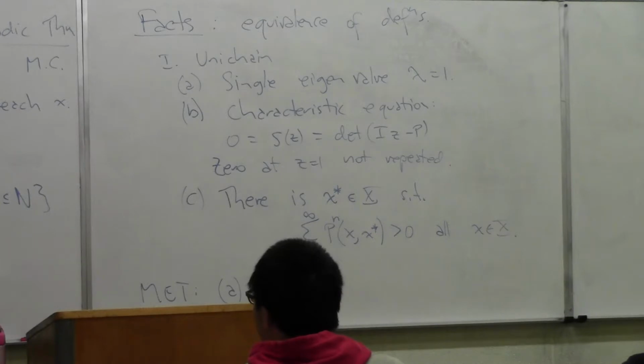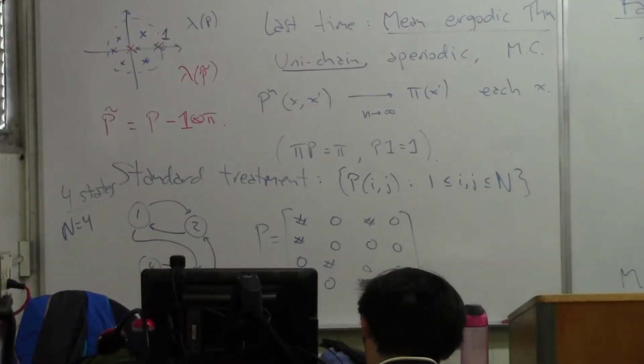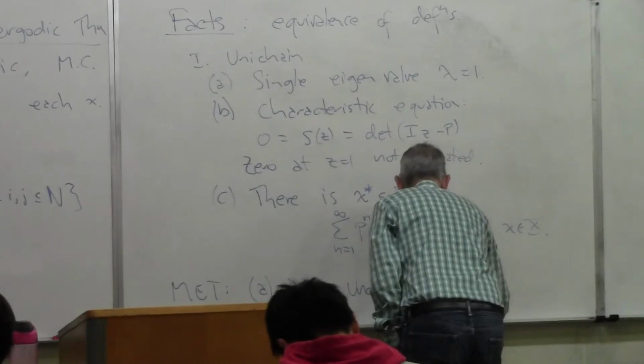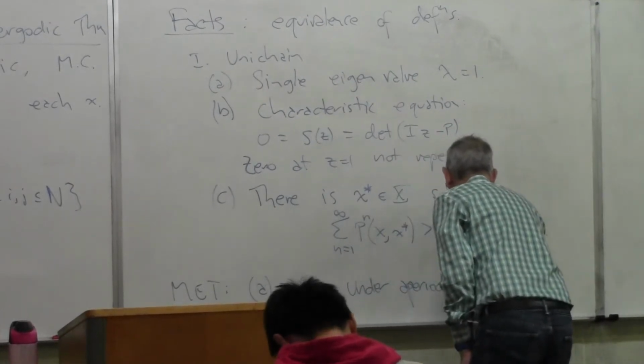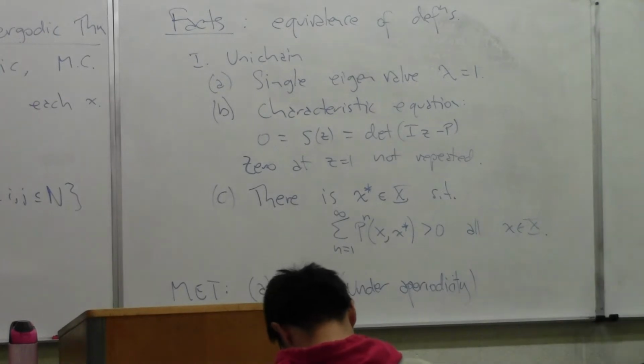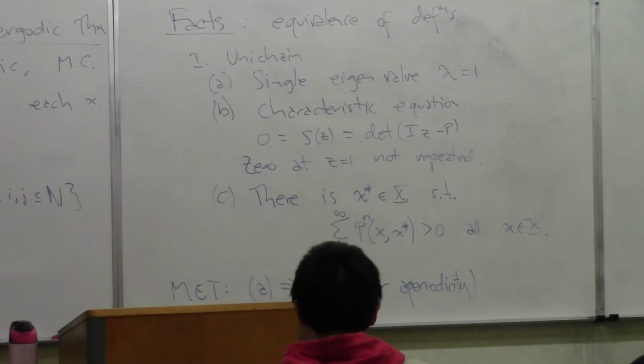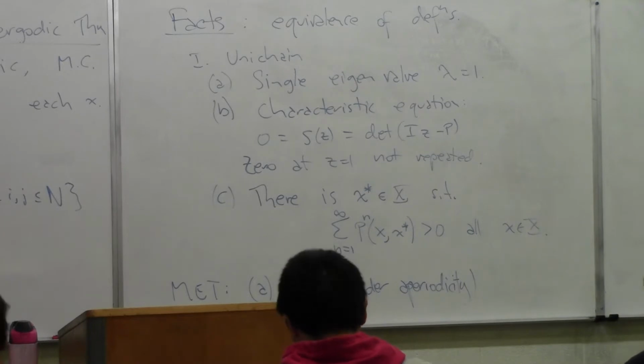Damn. Only under aperiodicity. Okay. There's a bit more work to do, so you have to get rid of that. But a little more work, A implies C is pretty easy. And then C implies A, I'm going to prove to you only because it's useful. There's some insight there.